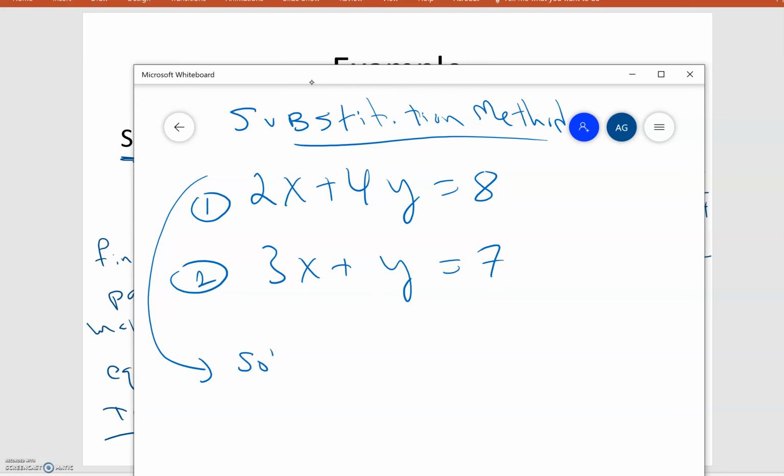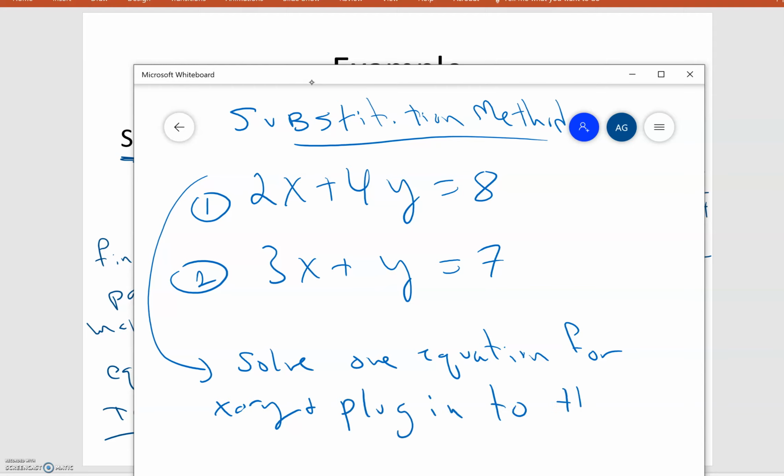We solve one equation, it doesn't matter which one, for either x or y, and plug that in to the other equation. There's a few more details, but that's it in a nutshell.